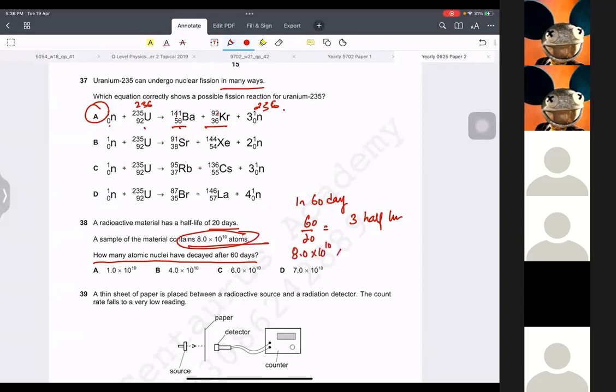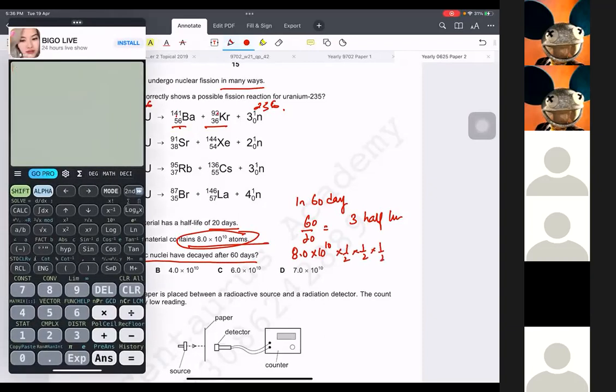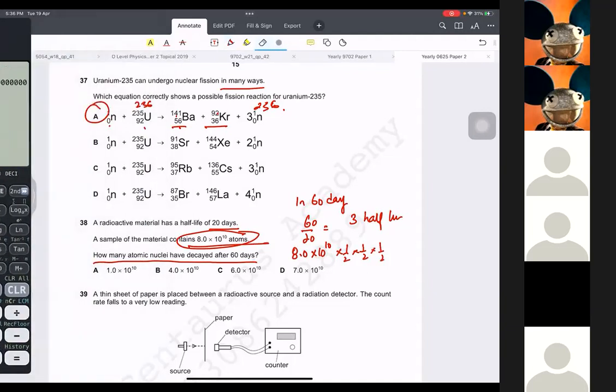D. Okay, let's check for everybody else as well. 8.0 times 10 raised to power 10. You multiply by 0.5, then multiply again by 0.5, then again by 0.5. So it's not D, it's A.